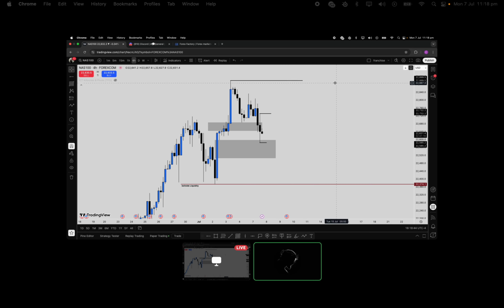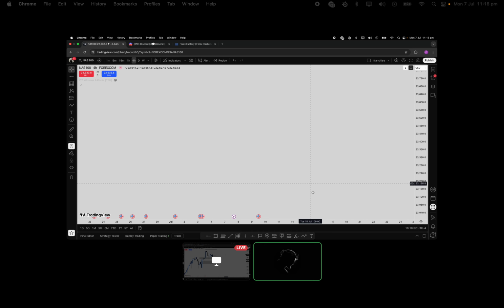When it's aligned, it works. When daily bias is aligned, it works. So I'll think of an example of when it would not work. Actually, no, when it would work. So let's say this is a previous day.